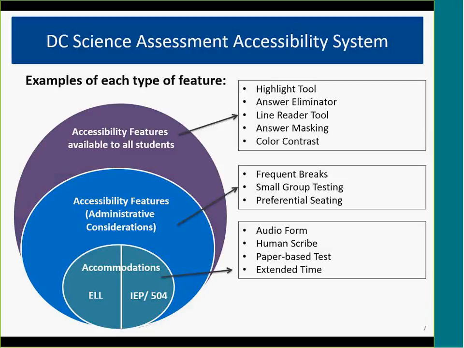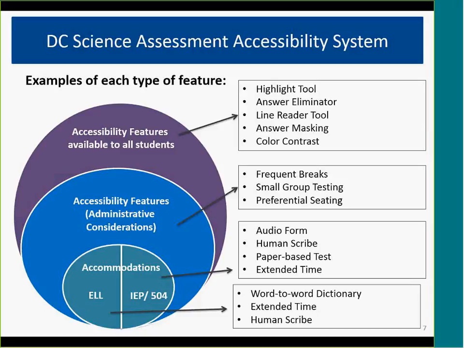For students who have an IEP or a 504 plan, or students with disabilities, we have the option for audio form, human scribe, paper-based test, extended time, and lastly, for ELs, accommodations such as word-to-word dictionary, extended time, or human scribe.